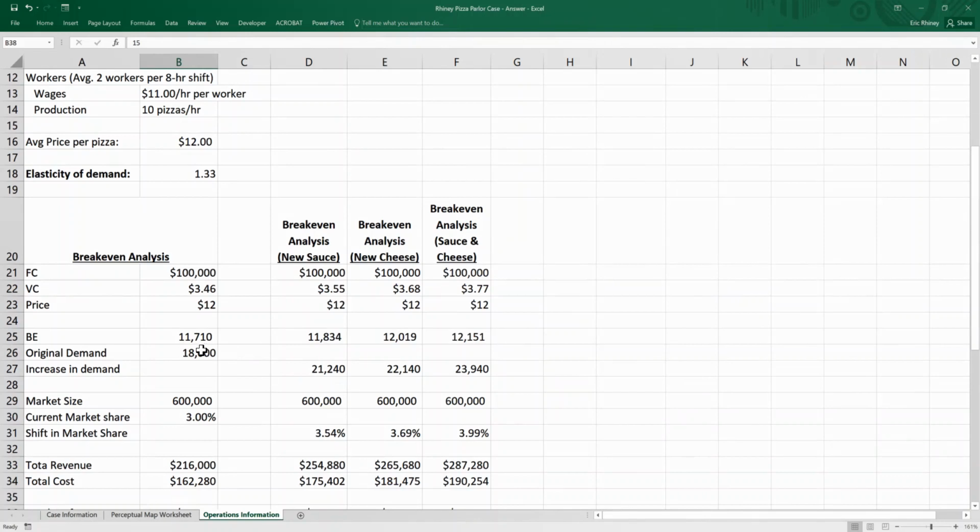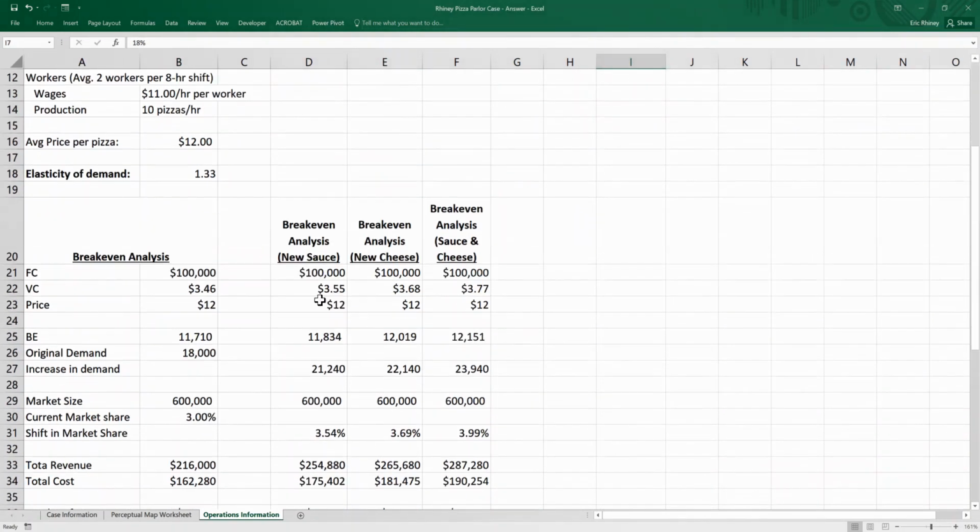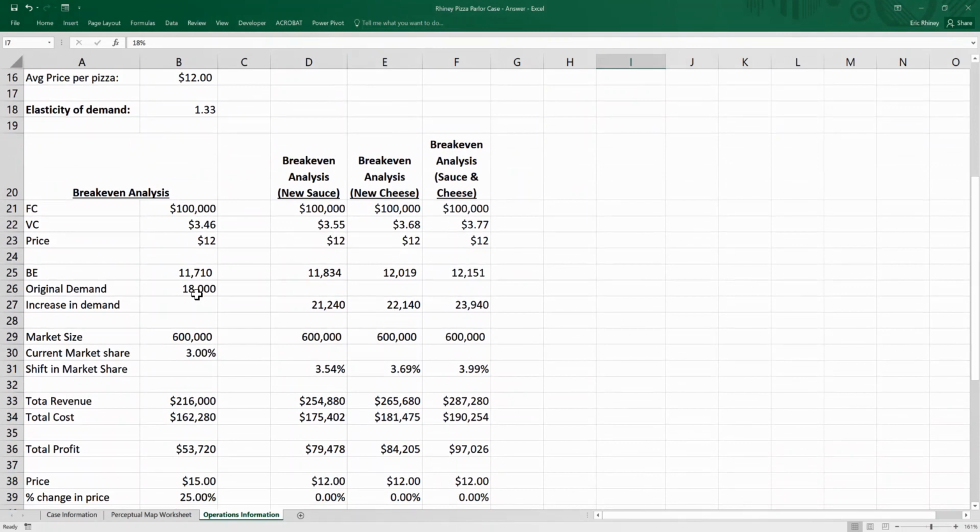However, our demand, which was originally 18,000, is forecasted to go up by 18% just by changing this sauce. So now instead of 18,000, if we do an 18% increase on that, or if we multiply this times 1.18, that gives us now 240 units of pizzas, or the number of pizzas that we anticipate selling.